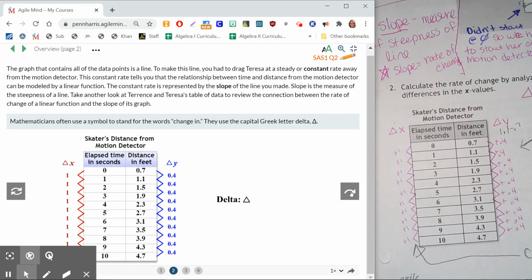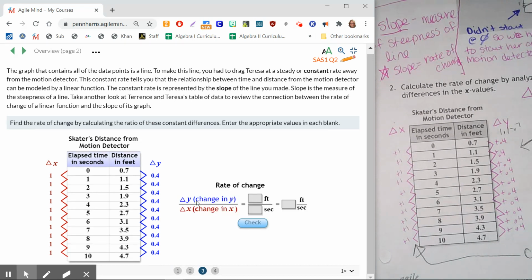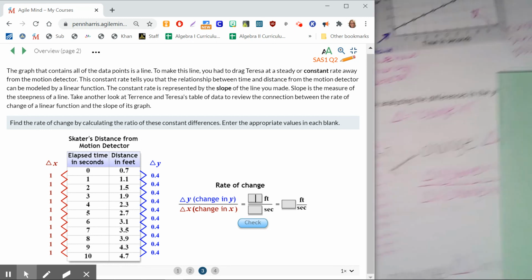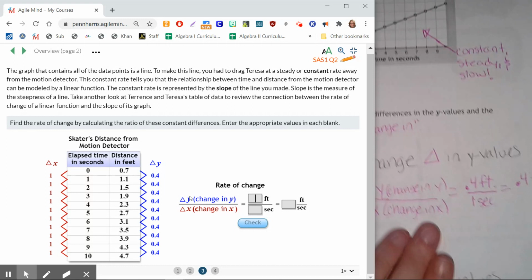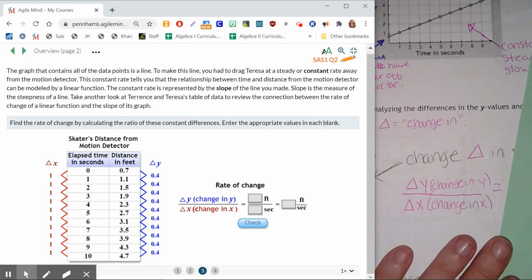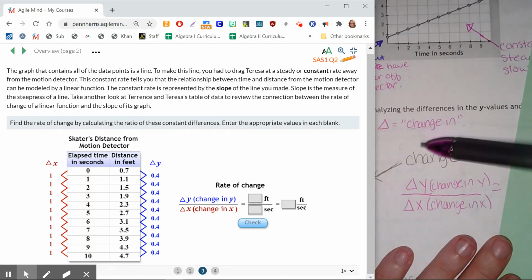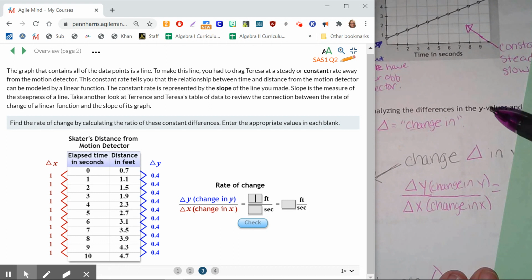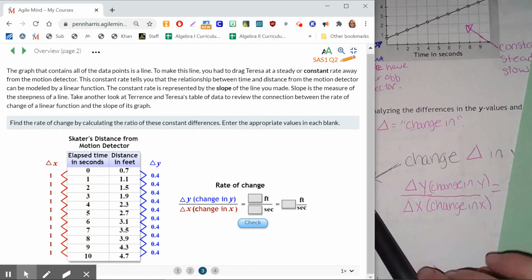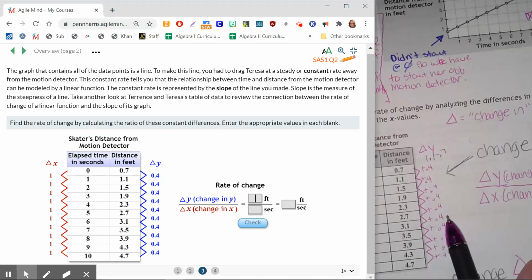Okay, but now what they want you guys to see, again, remember when we took our rate of change, all we did, guys, was we created a fraction, the change in y value over the change in x values. This number right here goes on top, this number goes on the bottom.